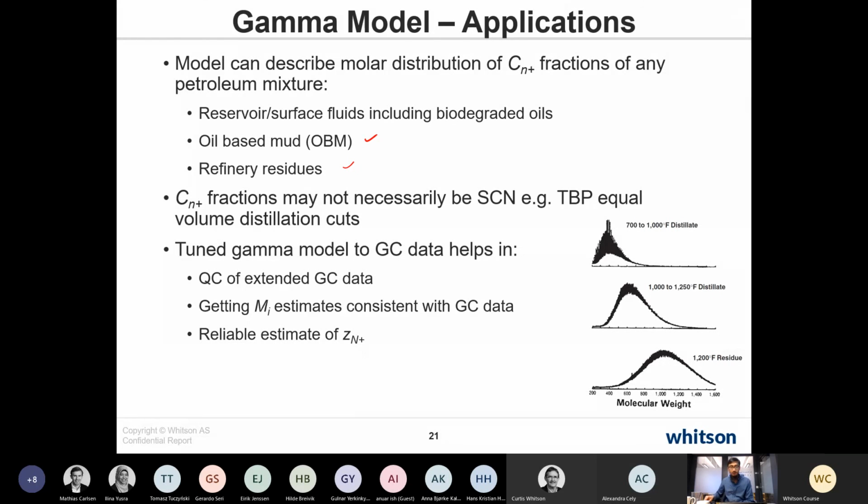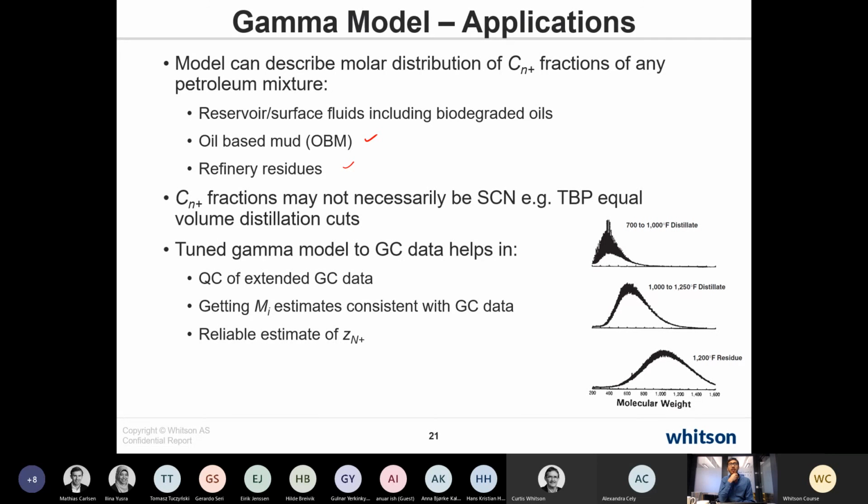Yeah, that's a good comment here. PVTP actually has a gamma distribution model, and there you can specify these two parameters, alpha and beta, which we saw before. But again, that's another debate.